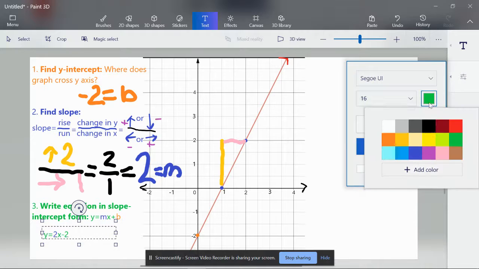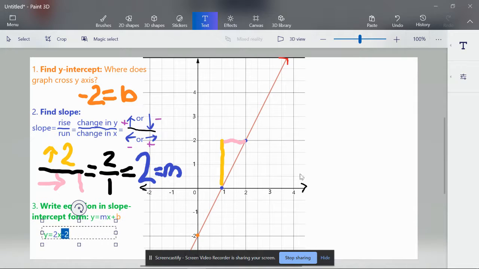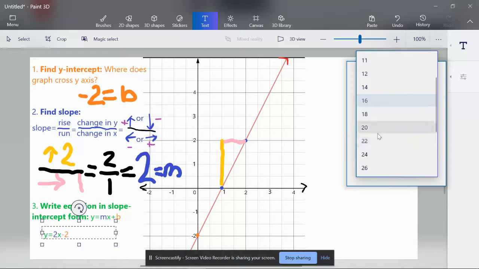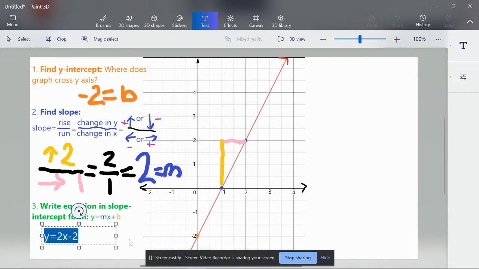So this is going to be our final equation. y equals 2x minus 2. So y equals the slope times x, and then plus or minus whatever your y-intercept is.